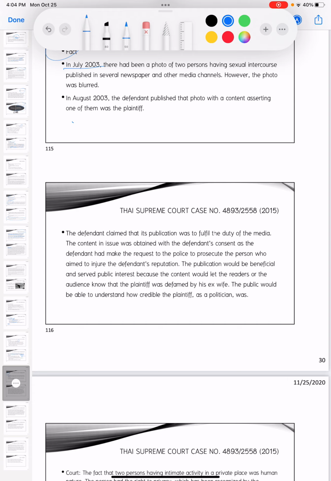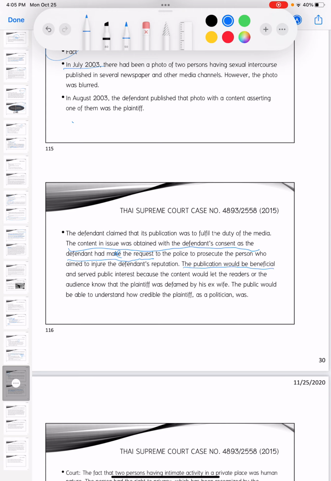Okay. The content in issue was obtained with the plaintiff's consent. They made an argument that consent had been given already. But this is just the argument made by the defendant, not the result of the case, okay? So, the content in issue was obtained with consent, as the plaintiff had made the request to the police to prosecute the person who aimed to injure his reputation.